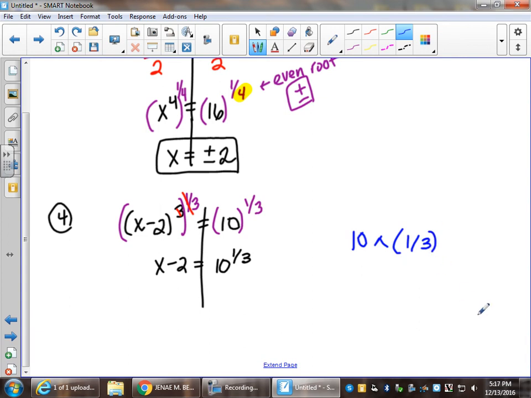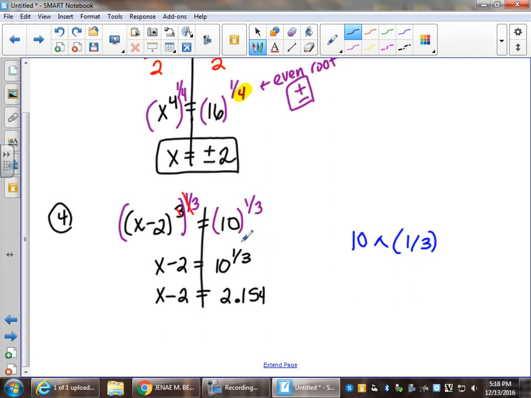Putting the 1/3 in parentheses is really important. Let's see what you get. 10 to the 1/3. Rounding to 3 decimal places, I got 2.154. Hopefully we match.